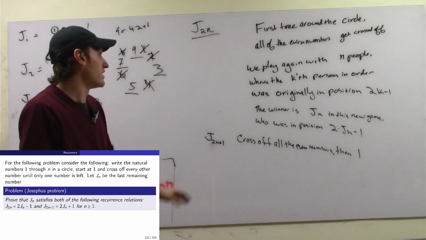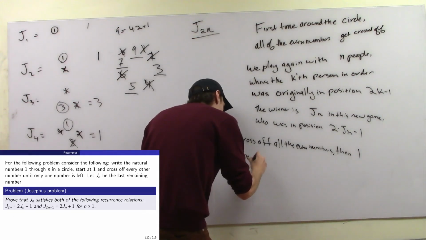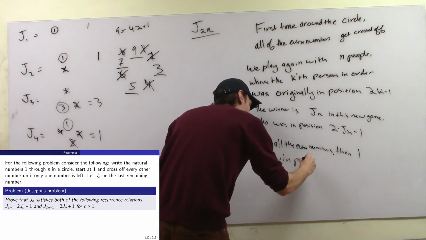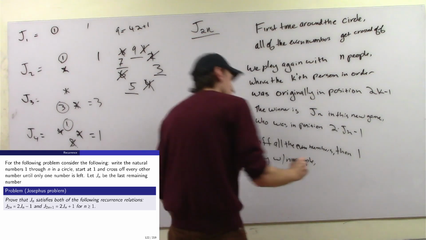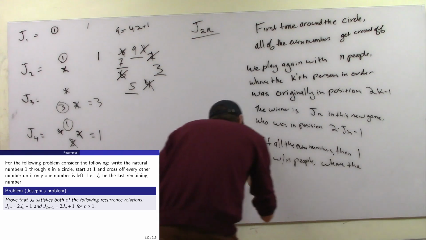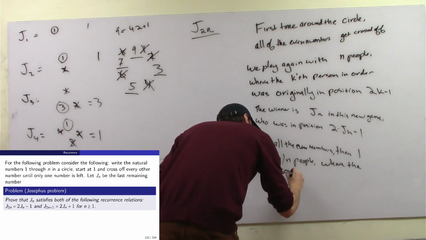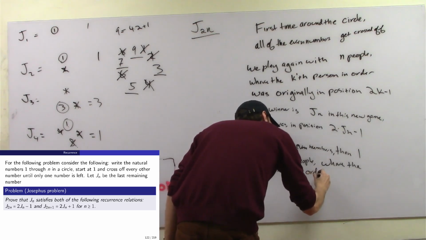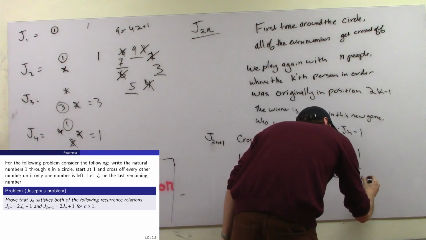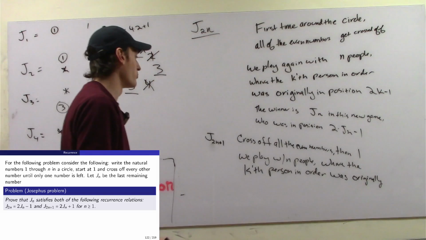So as we play the game again with n people, where the kth person in order was originally in what position?